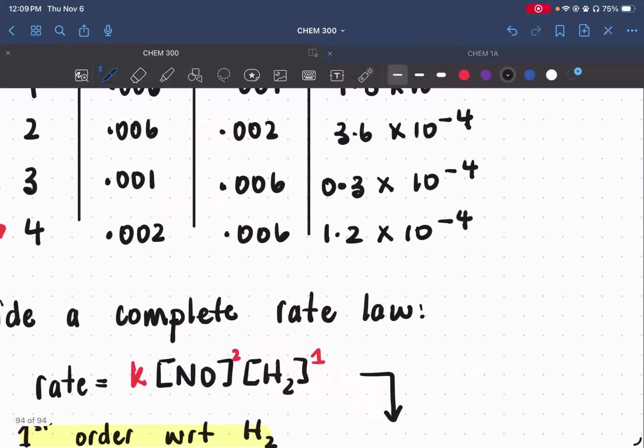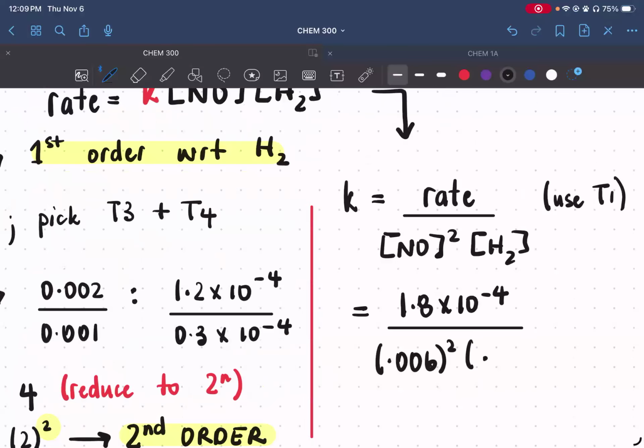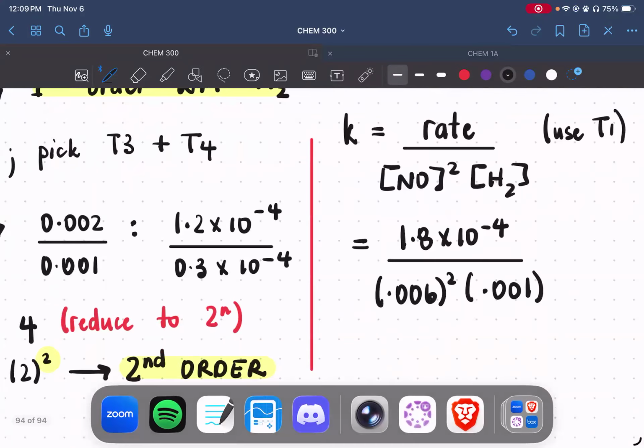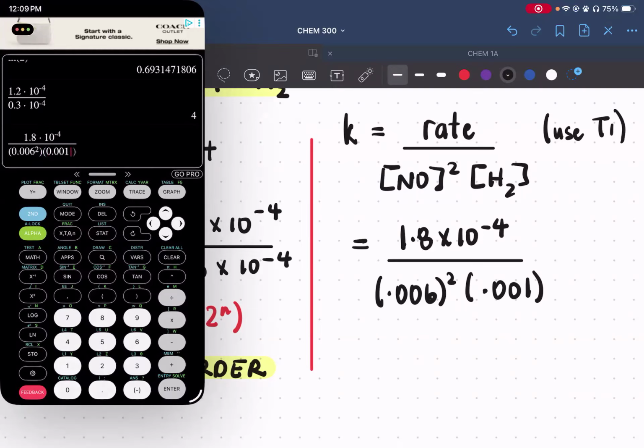The concentrations, 0.006 squared times 0.001. We put this into our calculator, 1.8 times 10 raised to the negative 4 all over 0.006 squared times 0.001. Looks like our final answer is 5,000.